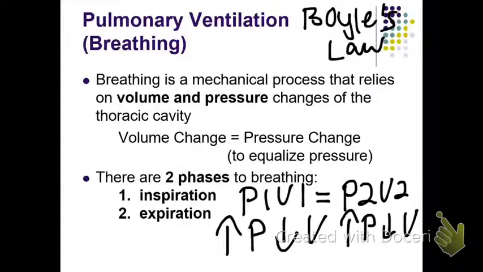Their ability to completely fill the volume in which they are contained allows for this inverse relationship. And specifically for the lungs, it allows for the lungs to equalize pressure to atmospheric pressure. And with pulmonary ventilation, there are these two subphases, inspiration and expiration.